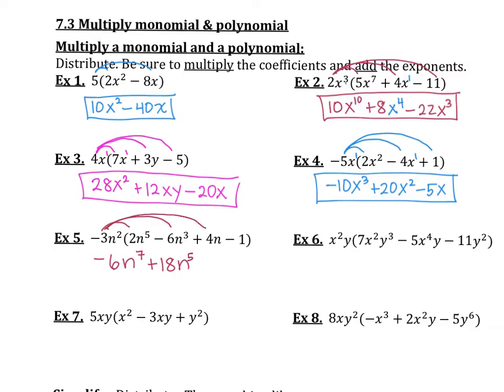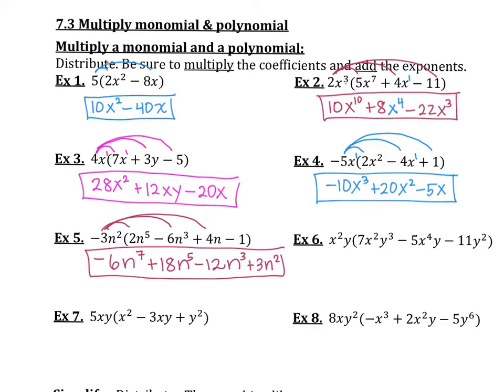Negative 3 times 4, negative 12. n to the 2 plus this extra one here gives me 3. Negative 3 times negative 1 turns to positive 3, and I'll keep the n to the second on it. Okay, final answer. And there were 4 terms inside the parentheses, 1, 2, 3, 4. So there are 4 terms in my answer.